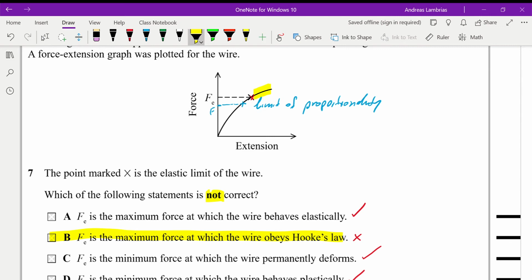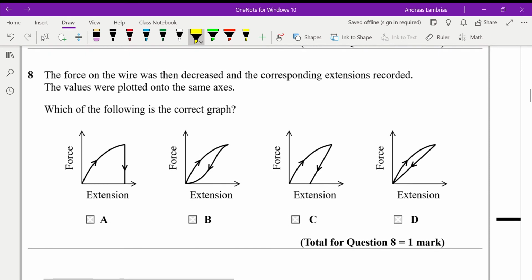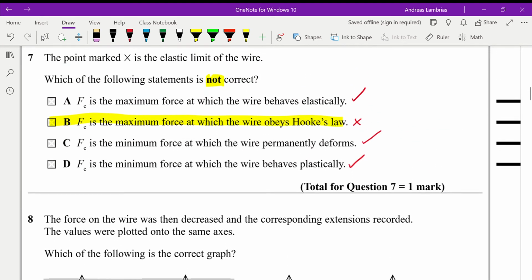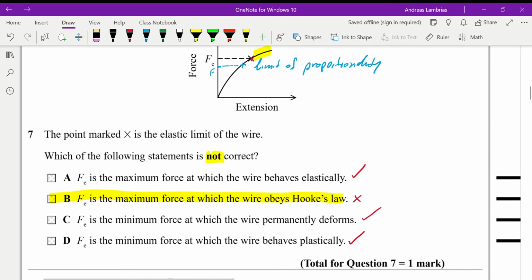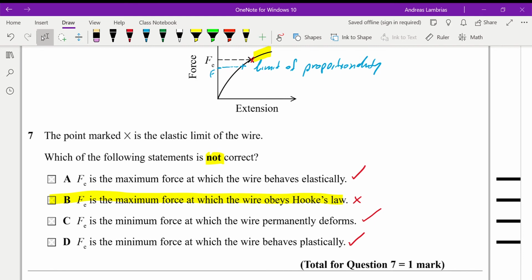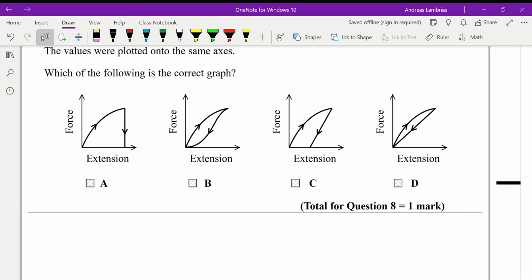The graphs here are talking about extension. If it were returning to the original length, we would expect the line to reach back to the origin. But since we don't have elasticity, we have plastic deformation, so it's not going to return to the original length. Definitely these two are out because they return back to the original length.